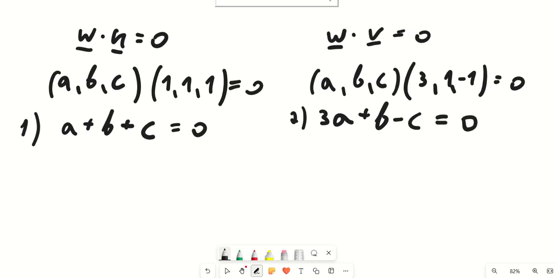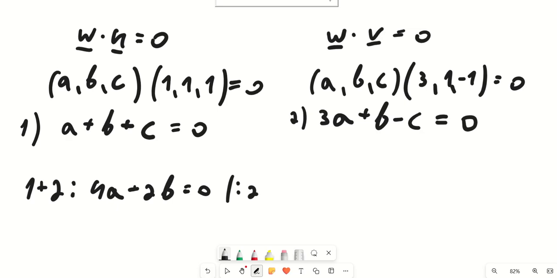So if I take equation 1 plus equation 2, then I get 4A plus 2B, C cancels out, it equals 0, and then I divide by 2, I get that 2A plus B equals 0, or that B equals negative 2A.